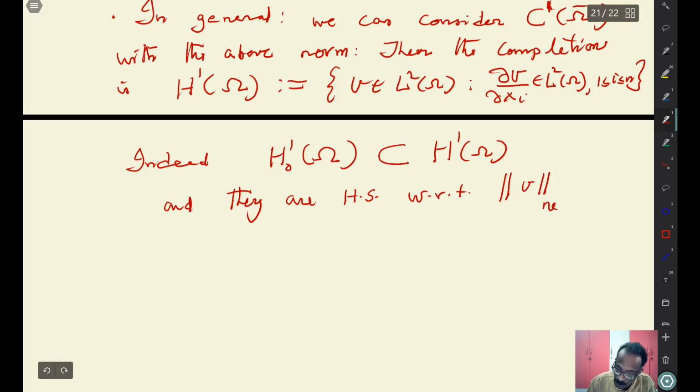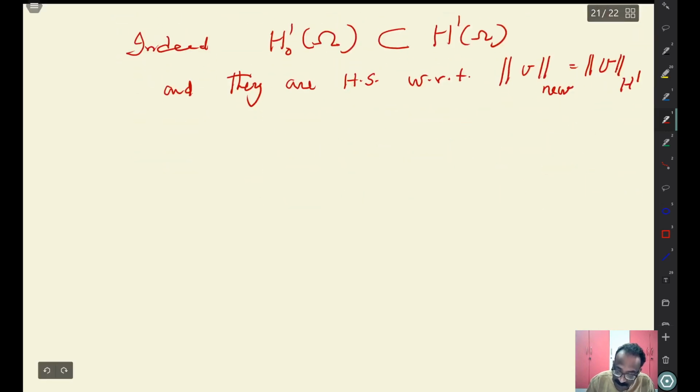So both these spaces, H1 naught of omega and H1 of omega, are Hilbert spaces which you will need. This is the space setting.